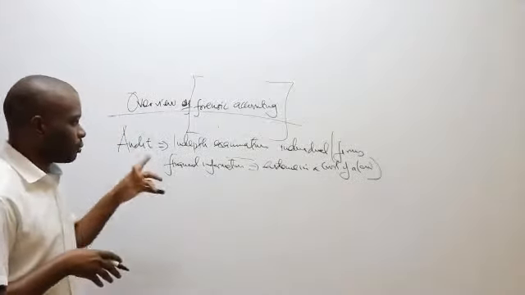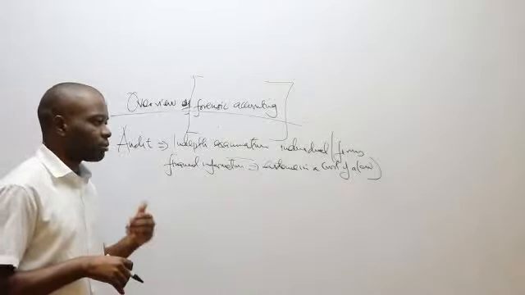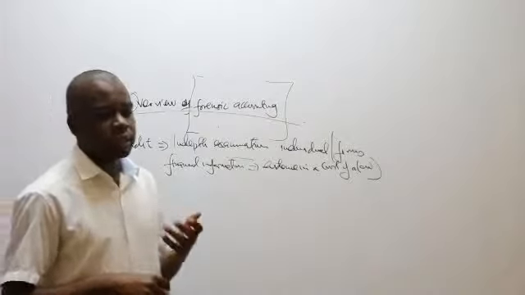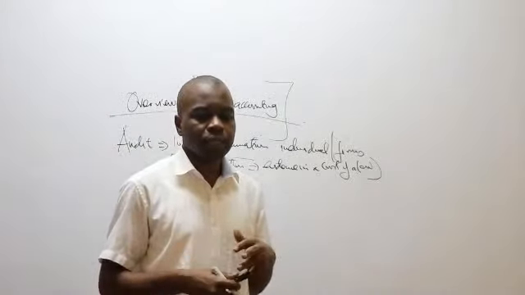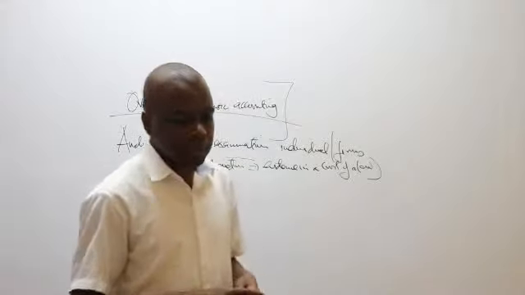When that in-depth examination happens, we say a forensic audit is being carried out, and the end result is to get evidence to be used in a court of law, maybe to unravel a fraud that has happened in a company or as a result of an individual.